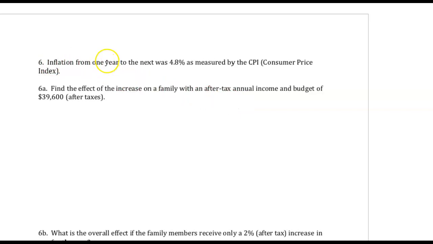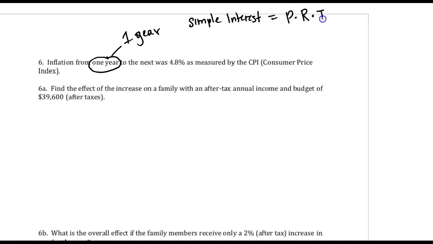Something to know about inflation is it is discussed from 1 year at a time. So if this is just 1 year and we're not compounding our percentage, we're going to use simple interest. And to calculate simple interest, it was principal times rate times time. Let's calculate the interest. That would be the calculation for the 4.8% in the increase.